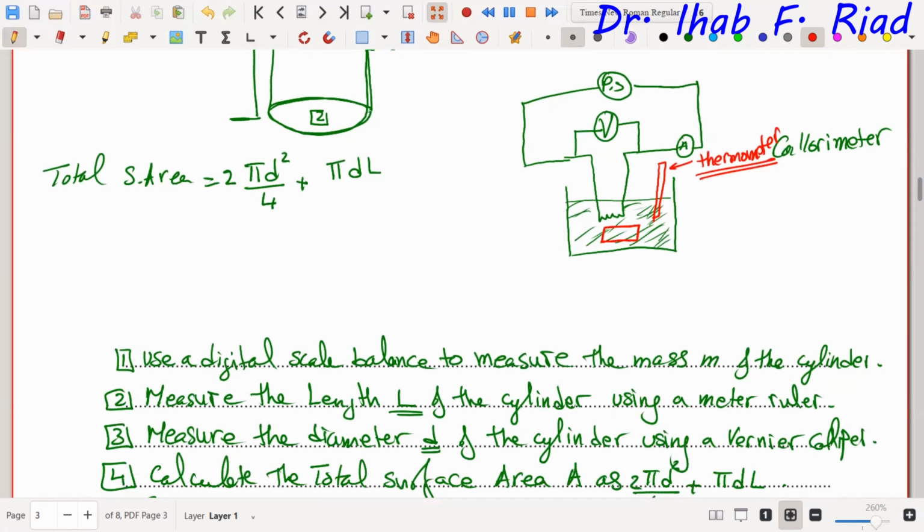We know I, the current, we know V. Do you know how much energy is dissipated by the heating element if we have a voltage V, a current I, and a time t? Yes. How do you do that? V I over T. No. V I times delta T, the time.